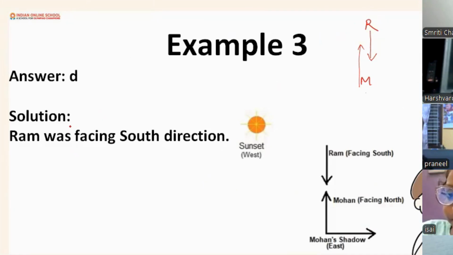Since Mohan is facing towards north, then only it is possible his shadow is going to be formed towards right. Correct? And if Mohan is facing towards north, then Ram needs to face towards south only. Understood, everybody now? Anybody is having doubt in this?